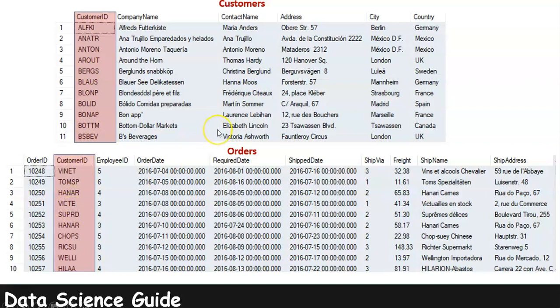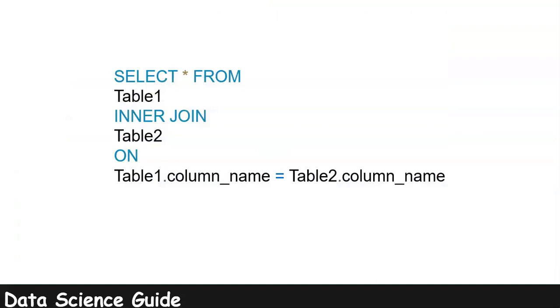To see what is the syntax for that, let's move to the next slide and look at the syntax. So we see that select everything if I want to retrieve everything from both tables, from table 1, and need to give the name for table 1, inner join table 2, and you are free to remove inner and only leave join, because by default SQL will consider any join without mentioning the type of the join as an inner join.